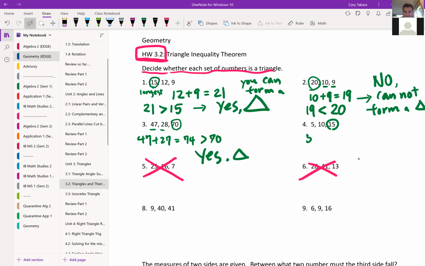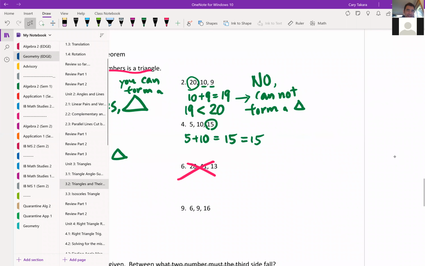And so I do 5 plus 10, which is 15, isn't it? Now, it has to be bigger than 15, but not equal to. 15 is equal to 15, right? And that is, again, no, cannot form a triangle.